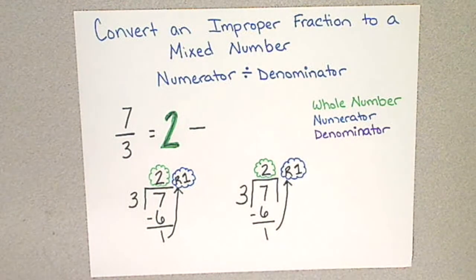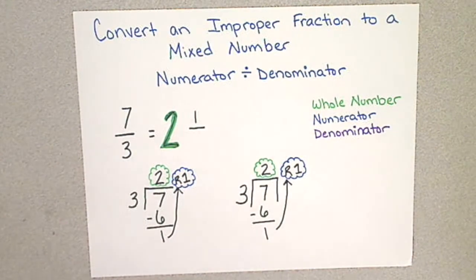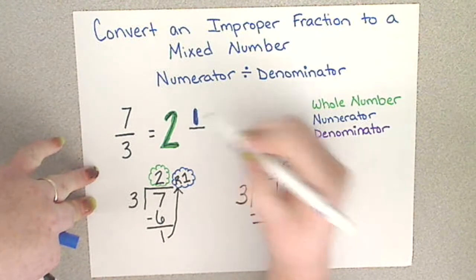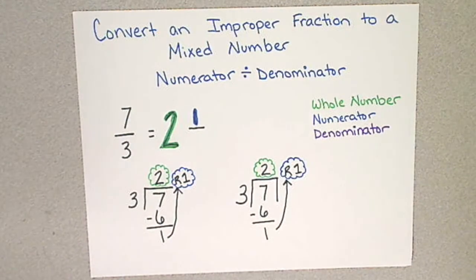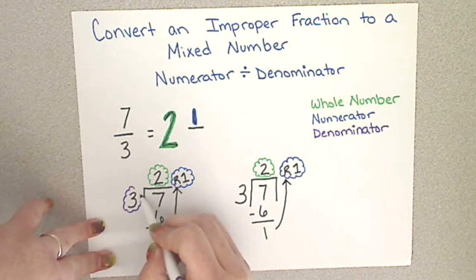So my numerator is 1. And just like before, we can even outline this in color if that helps us. And then my denominator does not change. It is simply our divisor.